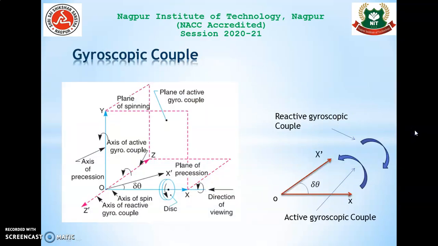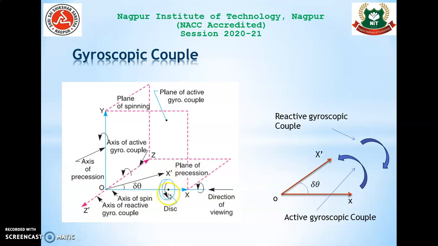Now we will see the derivation of the gyroscopic couple. Here you can see we have an OX axis, and on this axis a disk is there.